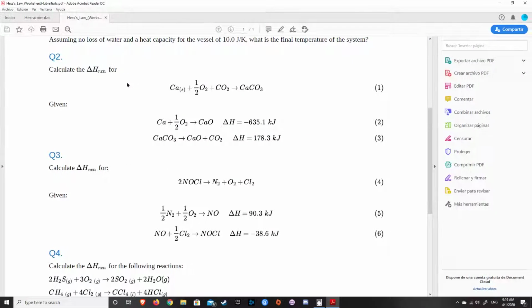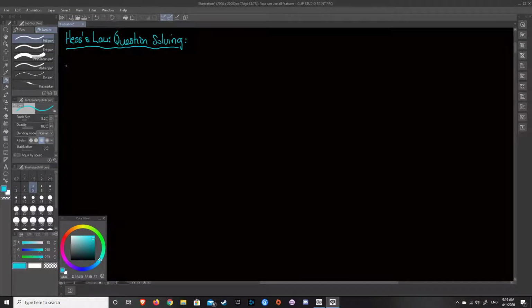I've opened up a worksheet right over here. We need to calculate delta H of the reaction, so I'm going to write down what we need to get. Delta H of reaction, that's our unknown.